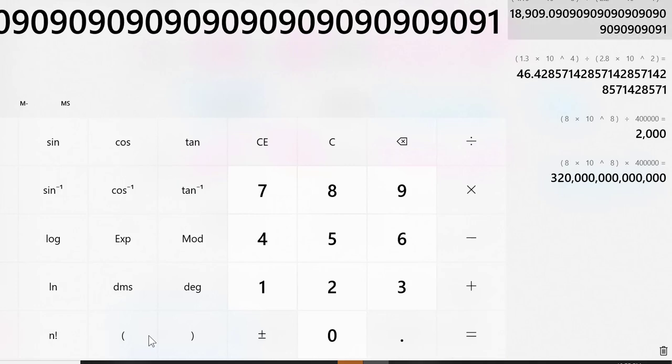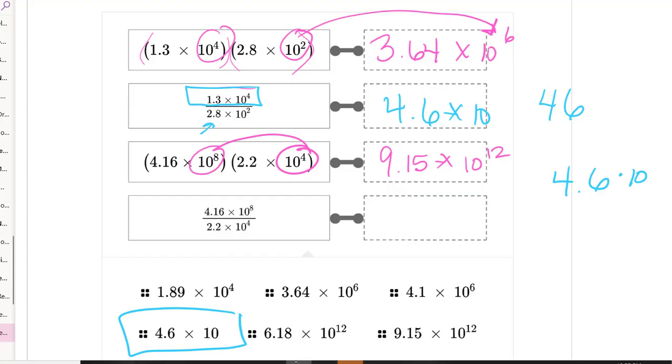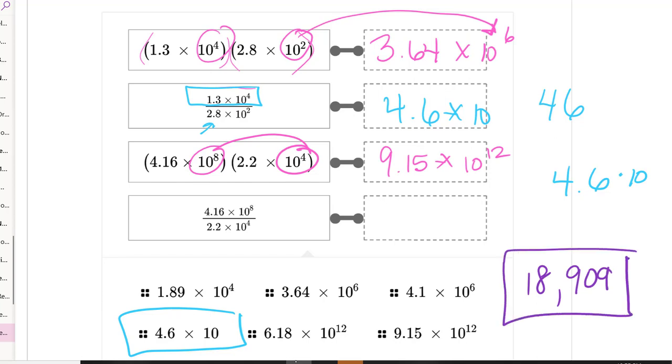Alright, so I got this 18,909 number. Put that in scientific notation, or you could just look for what's the only one that has these leading numbers, and then that's the one you would pick. And that fits this one.